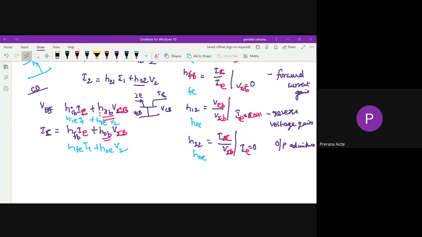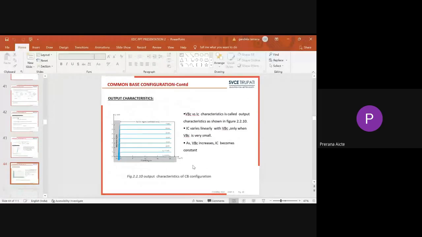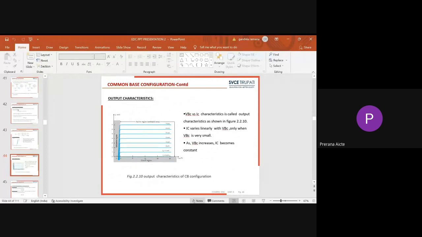Now we have to discuss the characteristics of CB configurations. See here the output characteristics.